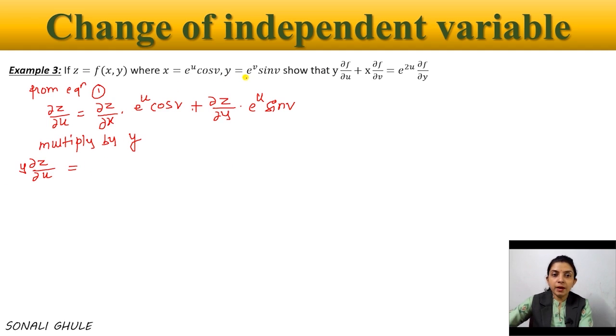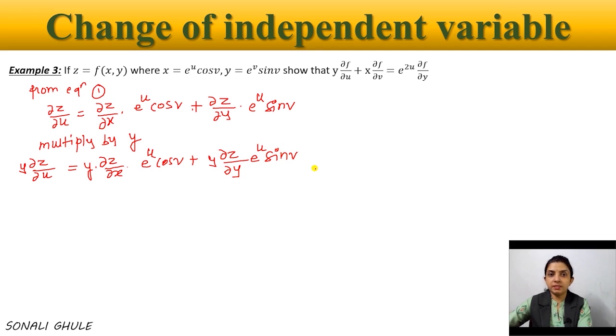What is the value of y here? e to the power u sin v. Right? So y into dou z by dou x into e to the power u cos v plus y into dou z by dou y e to the power u into sin v.